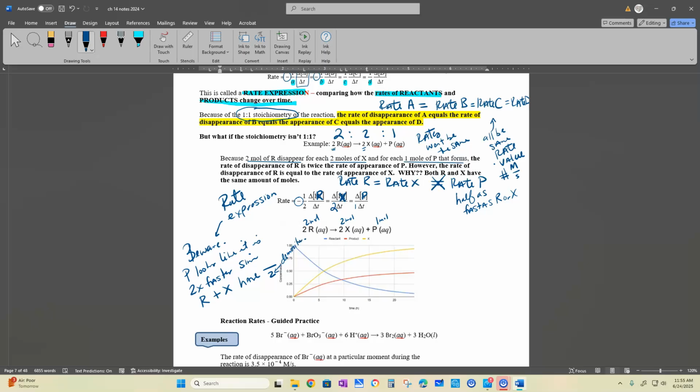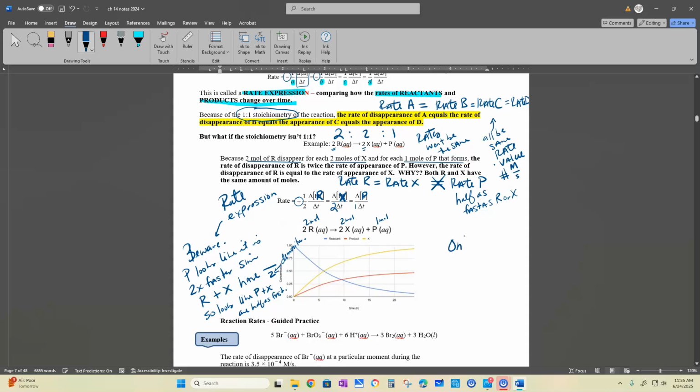And that makes it look like P and X are half as fast. Not true. Not true. Not true.